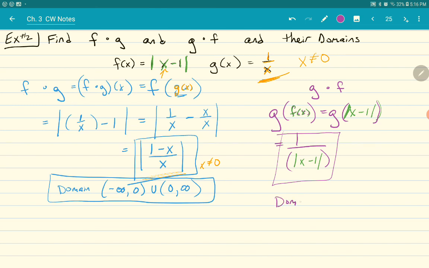In the domain, again, I have to look at the inside function, so I have to look at f of x. There's no restrictions here, though. And the restriction on the result is that the absolute value of x minus 1 cannot be 0 because it's in the denominator.